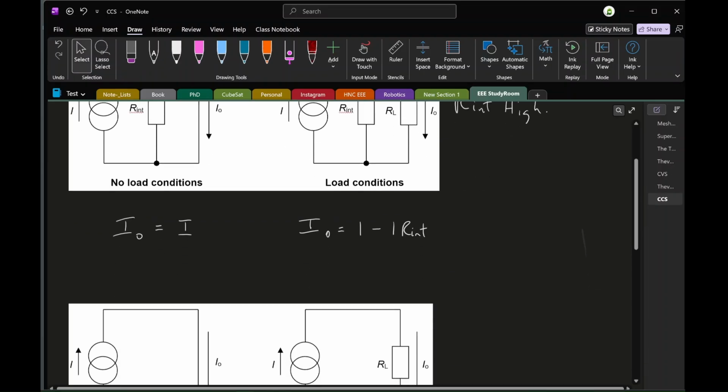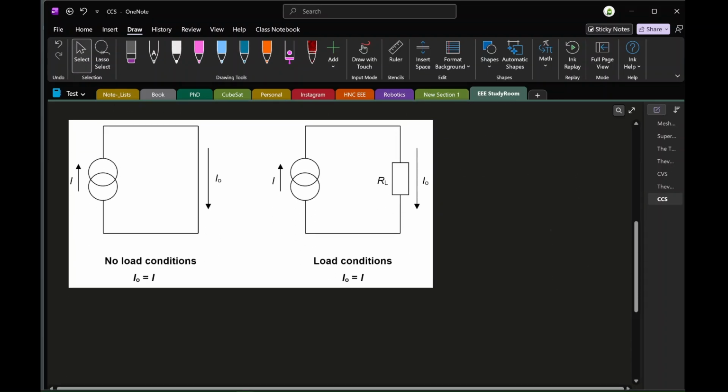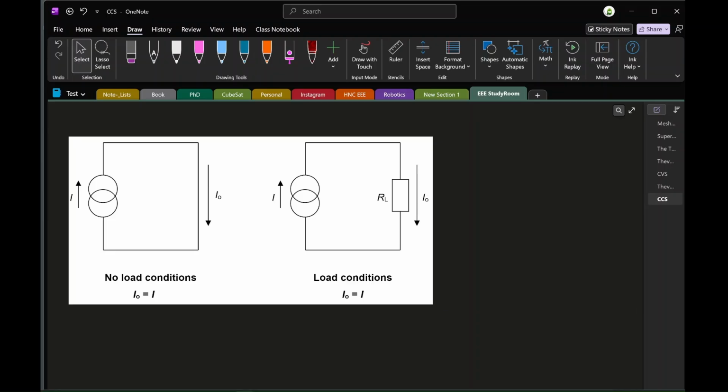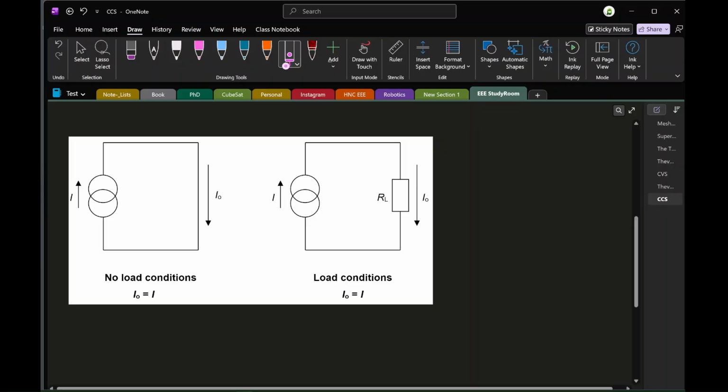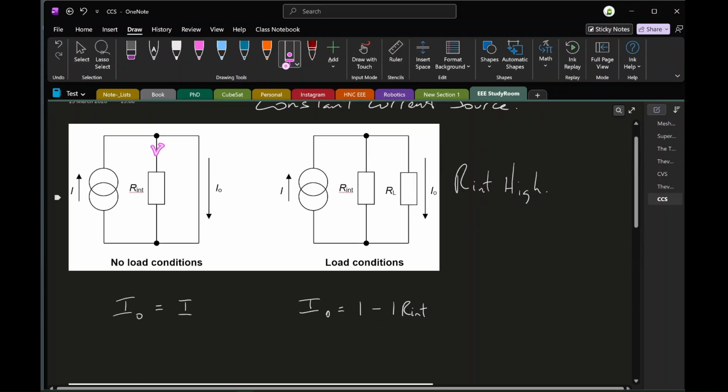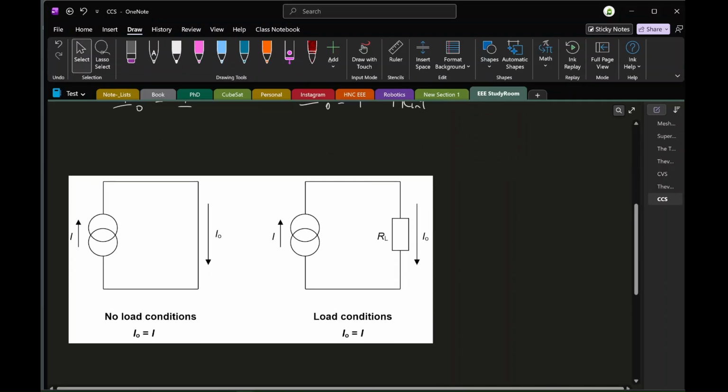So if we now take a look at an ideal current source. In an ideal current source, the internal resistance should be as high as possible, which means that we can represent it as if there is no pathway down here. So if Rint on the current source is a very, very high resistance, then the majority of the current will go this way, so we can assume the circuit would then look like this.